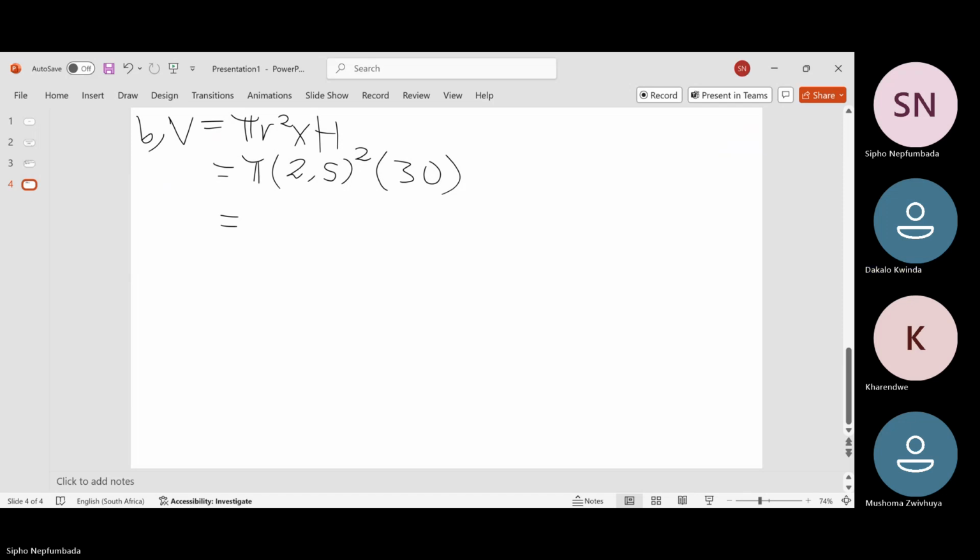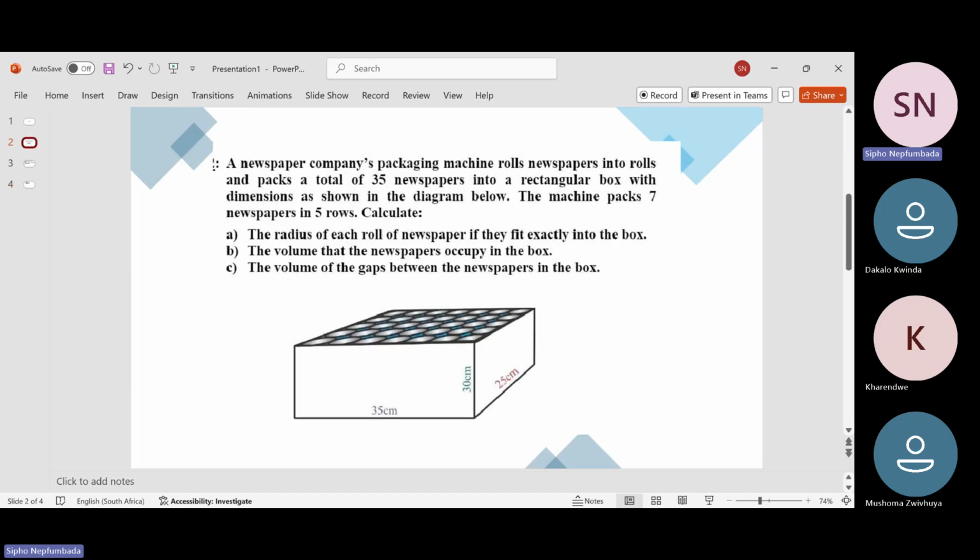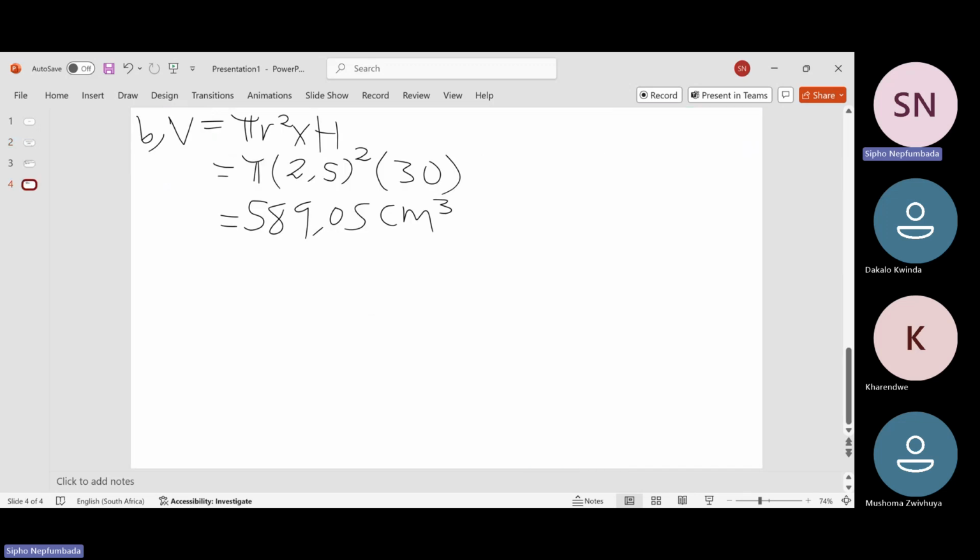589,05 centimeters cubed. Are we fine? Remember the question says the volume that the newspaper occupies in the box. This is the volume, measured in cubic units.